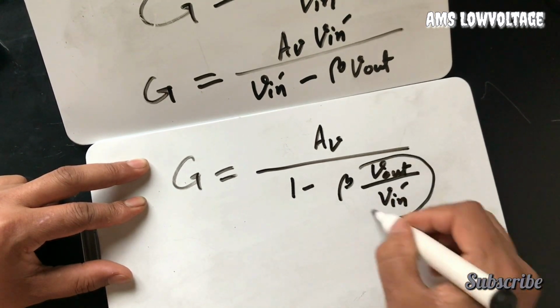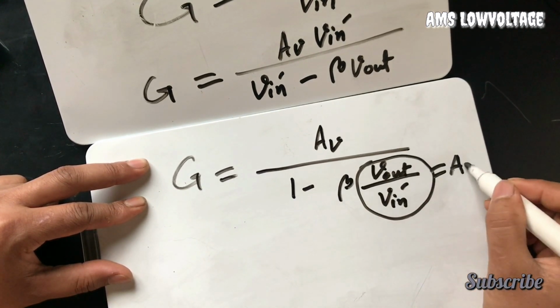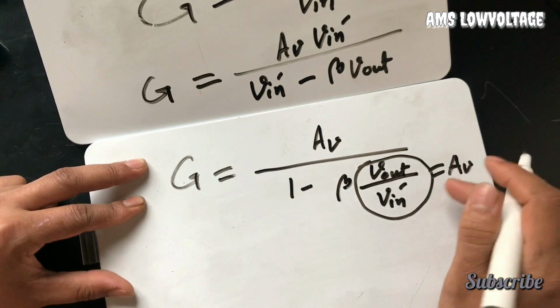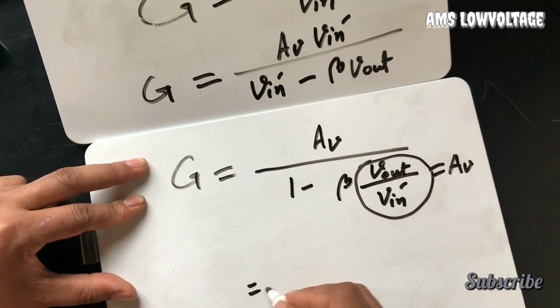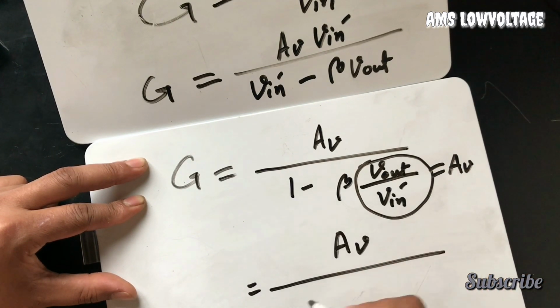We know that this term is equal to AV, so if we replace this one with AV, then we can get G equal to AV divided by 1 minus beta AV.